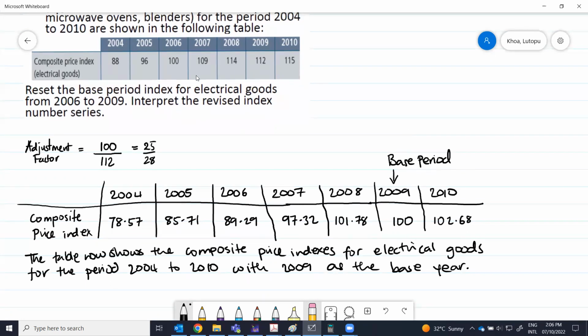So previously you couldn't compare what has happened between 2009 and 2008. So somebody might think from 2008 to 2009, the price increase is 2%, which is not necessarily the case. If you look at this one here, it actually went down.